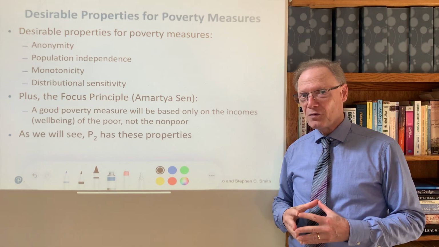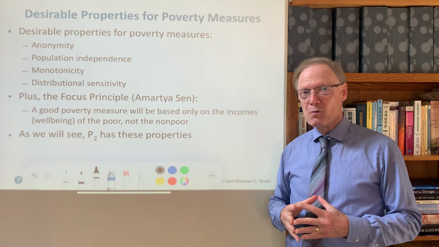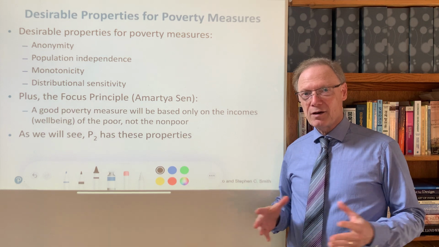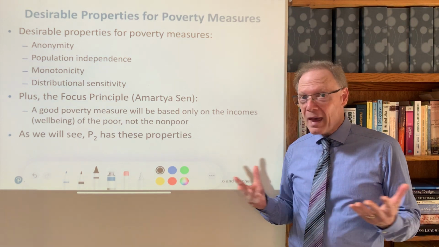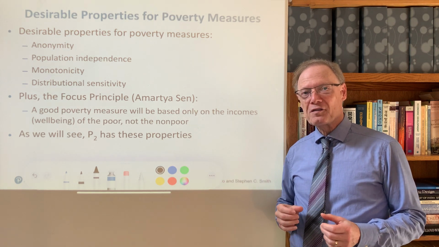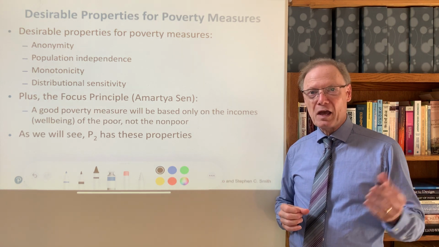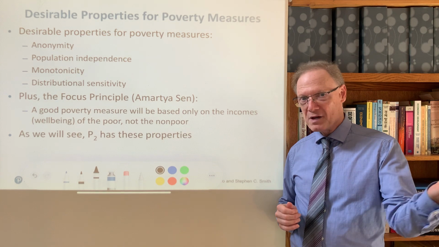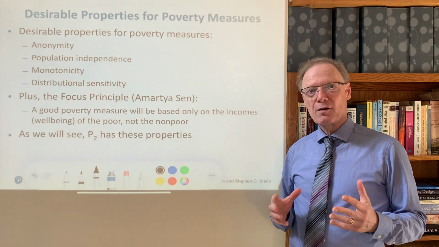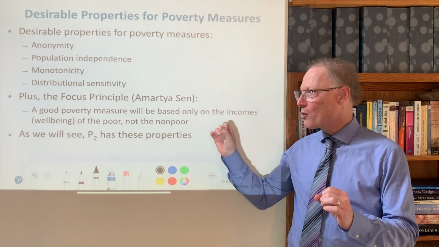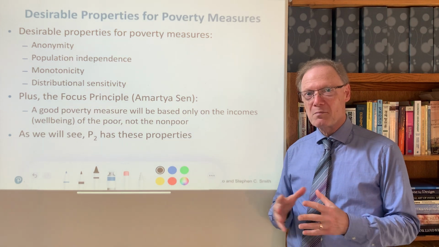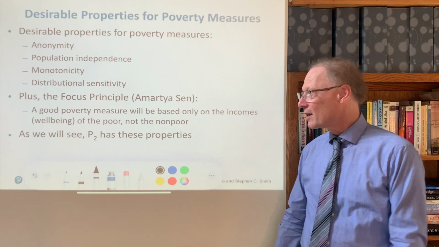There's lots of ways to think about that. One simple way is just to return to the idea of diminishing marginal utility. That an extra penny, let's say, is worth more to someone who is starting at 50 cents a day than to someone who is starting at 90 cents a day. And so that is a very good way of thinking about the importance of thinking about inequality among the poor.